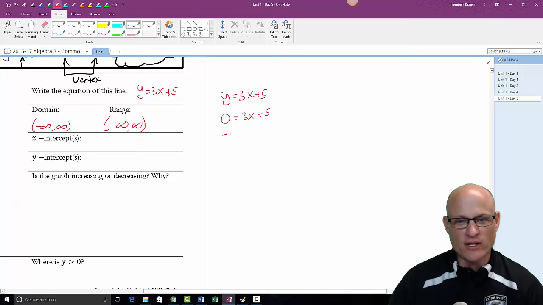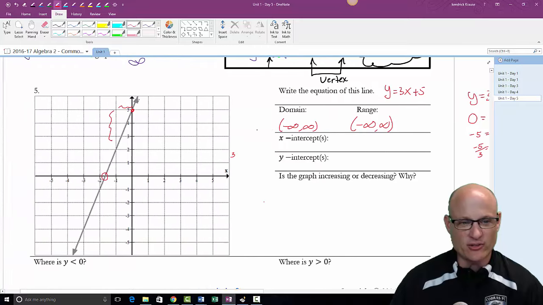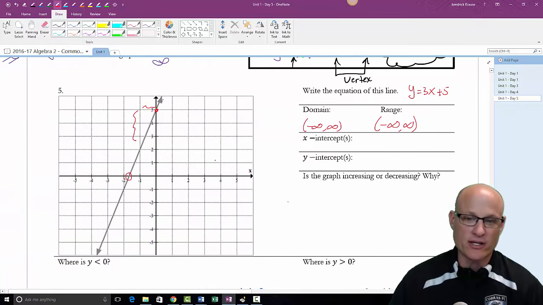Bring the 5 over, I get negative 5 equals 3x, and x equals negative 5 over 3. That's not quite negative 2. Let's see if that makes sense. Oh yeah, that makes sense. So my x-intercept is x equals negative 5 over 3. Now the y-intercept's easy. That's just y equals 5.